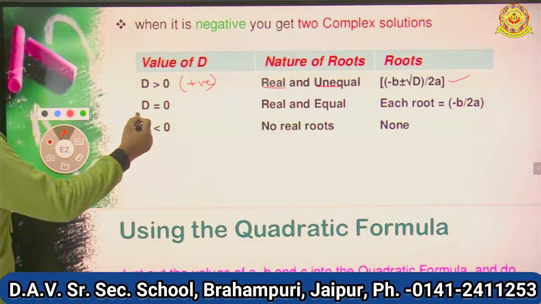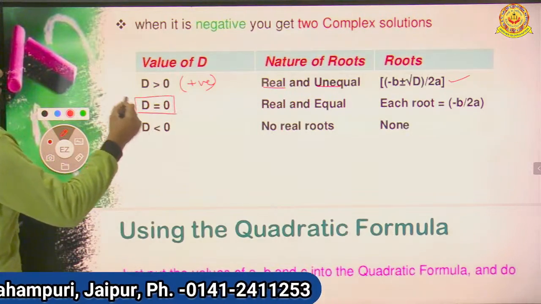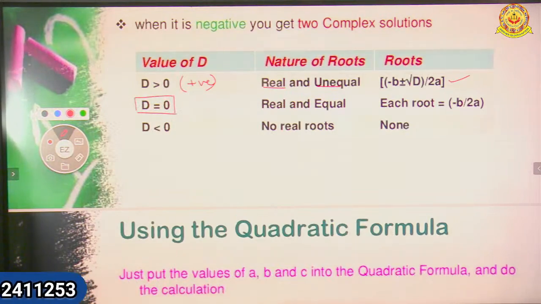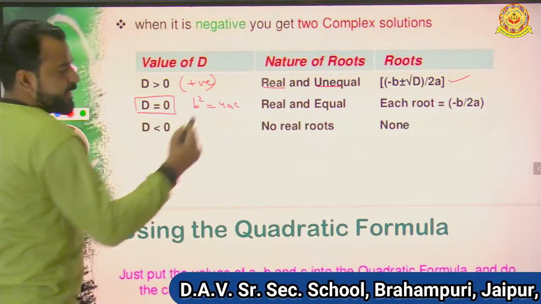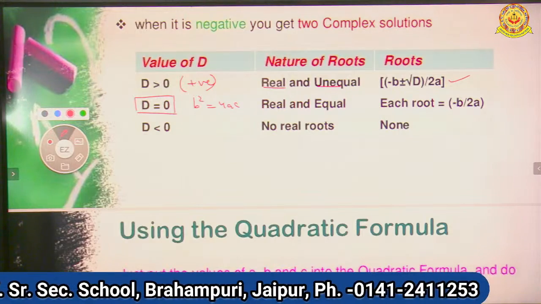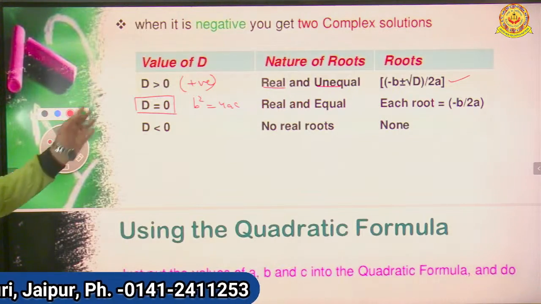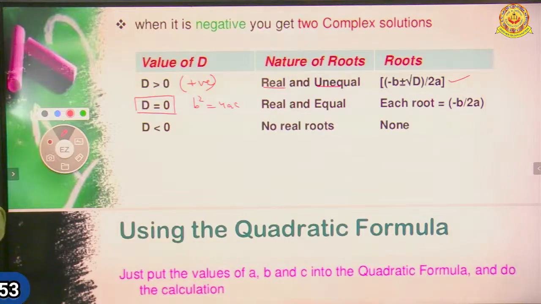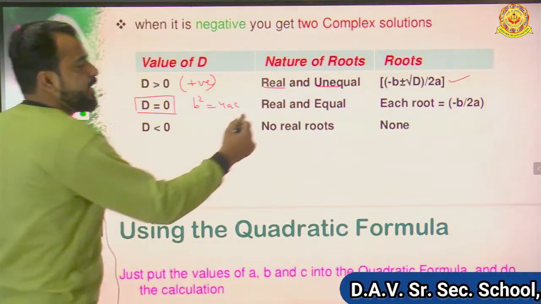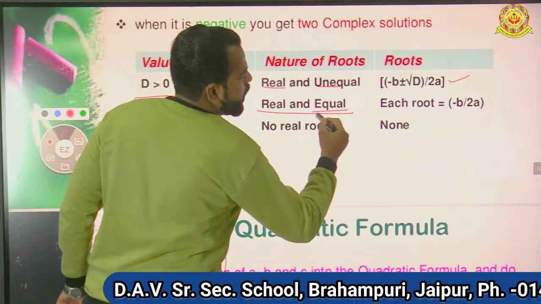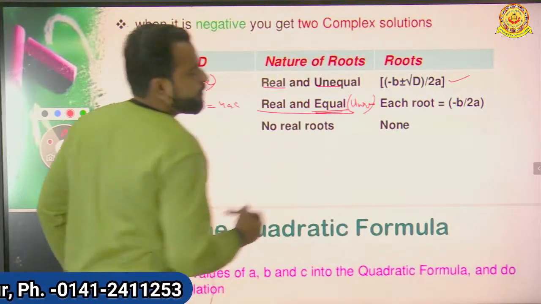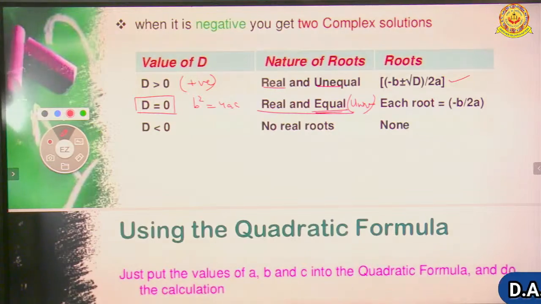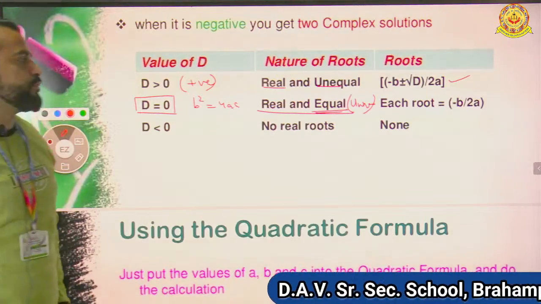Okay, when D is equal to 0, when b square is equal to 4ac, in that situation we will get 0. B square minus 4ac becomes 0. So when b square is equal to 4ac, you will get D equal to 0. So in that situation, there will be equal or unique solutions. Okay, real and unique solution, that is, one solution, equal roots.